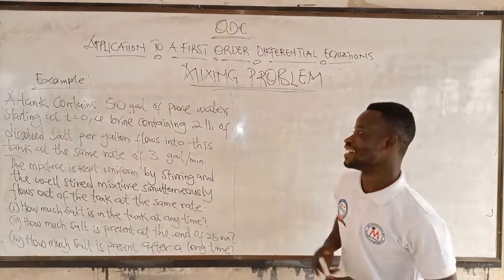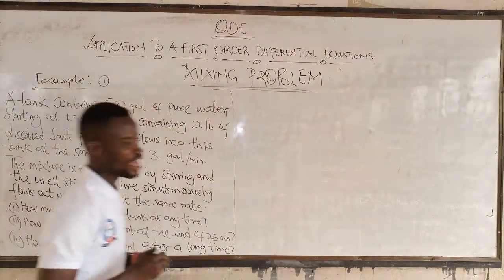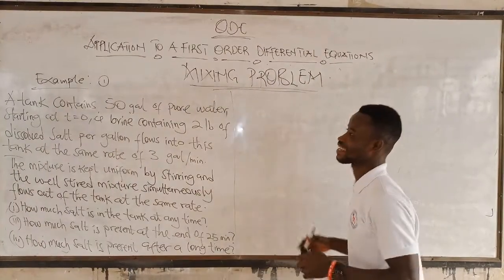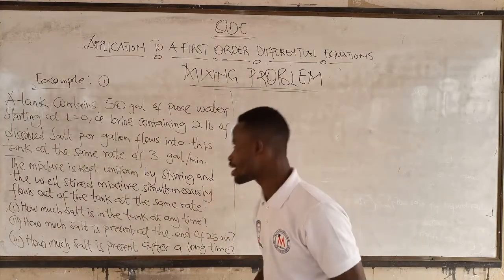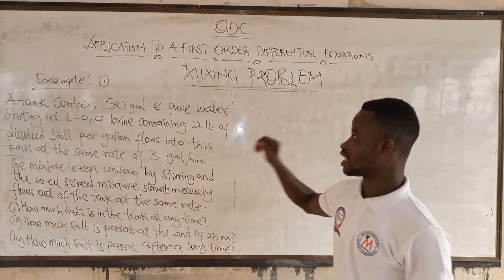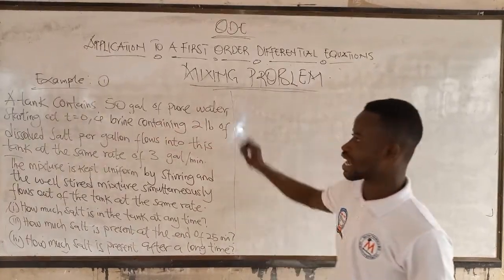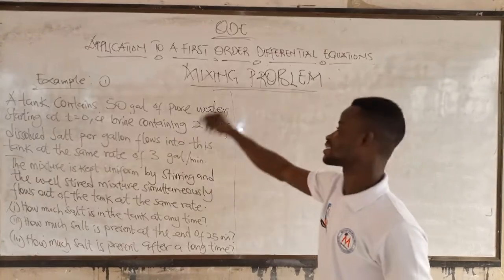We have our first question on the board. A tank contains 50 grams of pure water, starting at t equal to 0. Don't forget that.